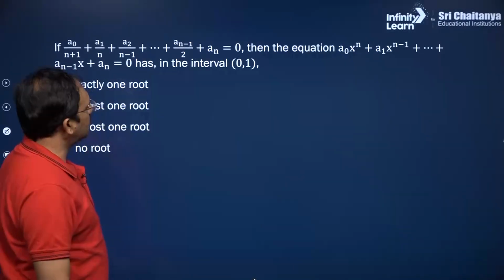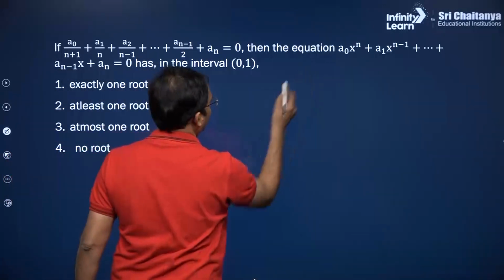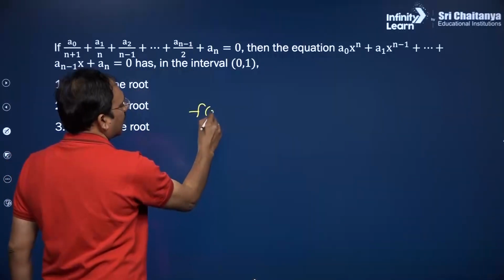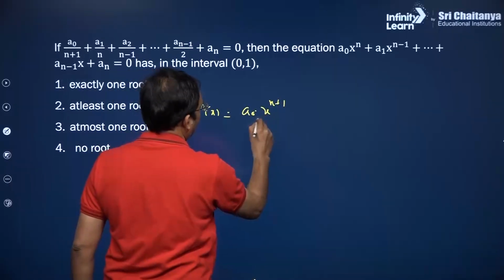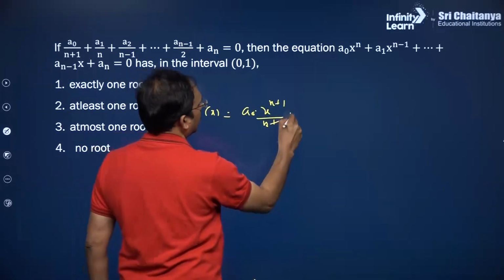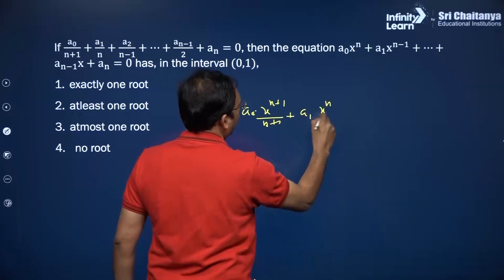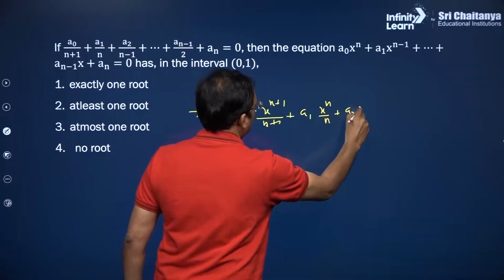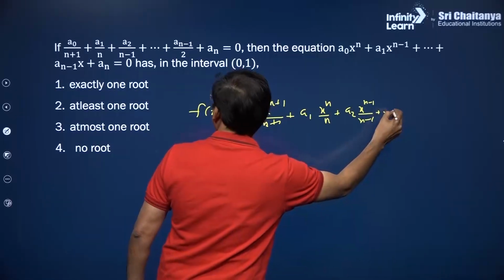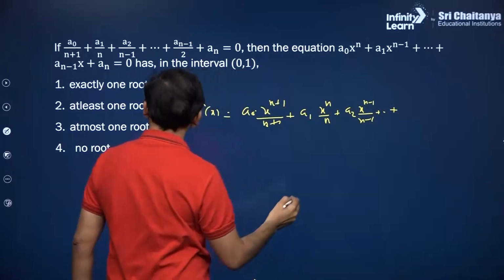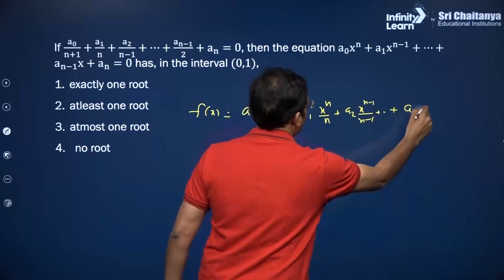Next, friends, this is simple. You just consider f of x as a naught x power n plus 1 by n plus 1, plus a1 x power n by n, plus a2 x power n minus 1 by n minus 1, and so on. You can say this is going to be a n x.